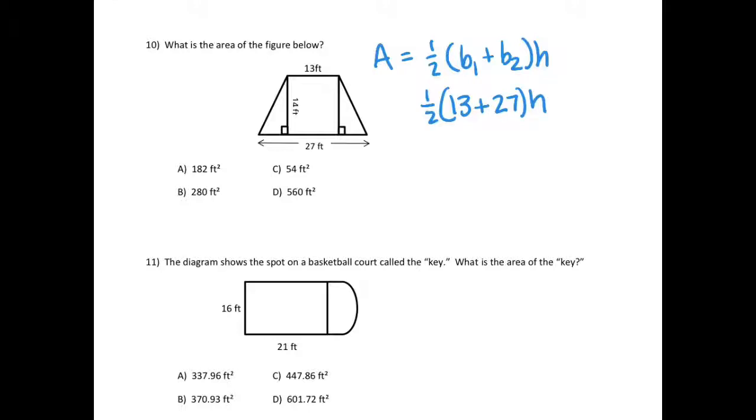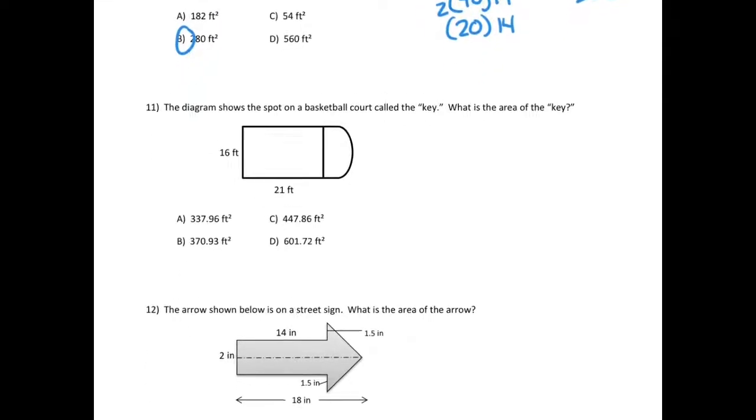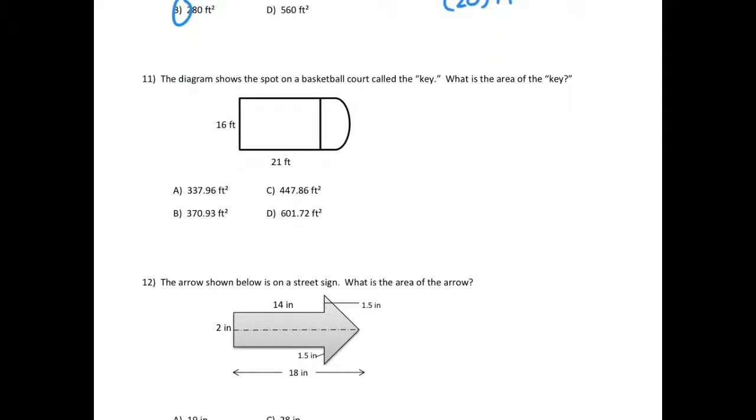So 1/2 of 13 plus 27, 1/2 of 40. And the height is 14. I should have plugged that in already. Well, half of 40 is 20. 20 times 14 is 280.